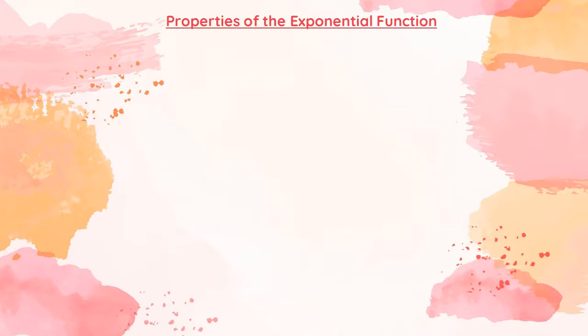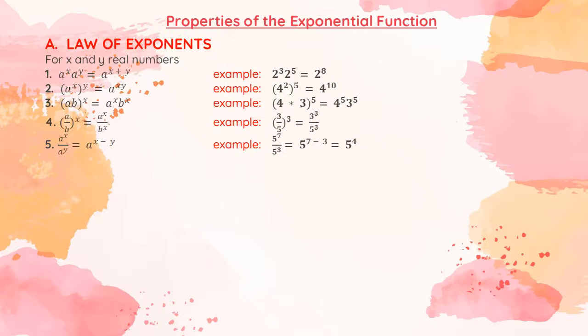So we have simple properties of the exponential function. First, law of exponents. So for x and y, real numbers. So sa number 1, a raised to x, a raised to y is equal to a raised to x plus y. So for example class, ang base po natin ay 2. Then ang ating exponent ay yung 3 and 5.